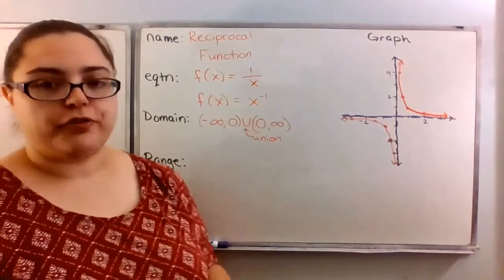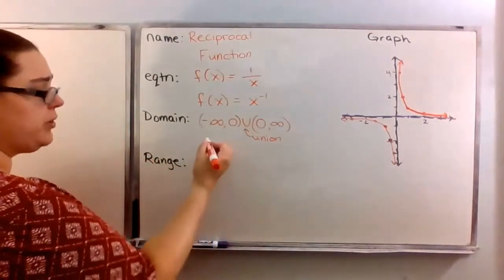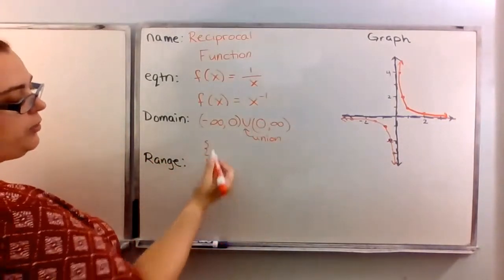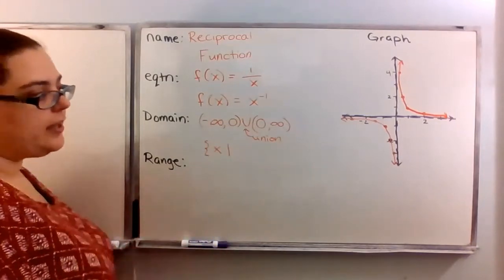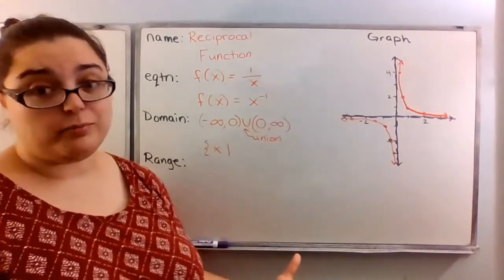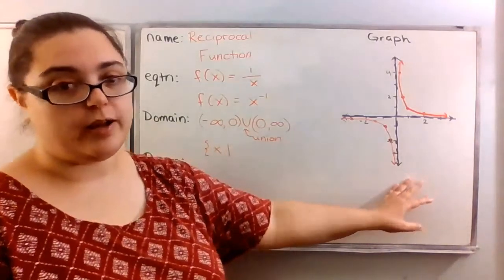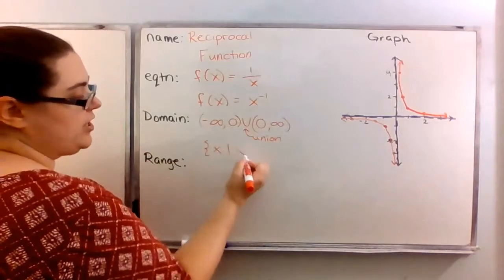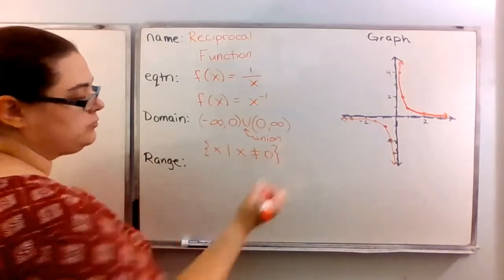Now, as I mentioned, my personal preference is to use set builder. So I'm going to start out with the set of all x, so that, and in this case, x can be any real number that we want it to be, except for 0. That's the only number we can't divide by. So we're allowed to have any value for x as long as it does not equal 0.